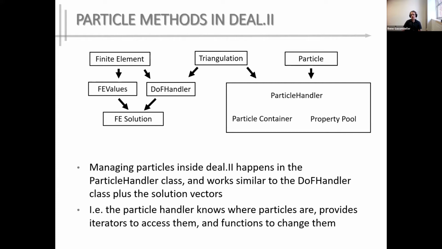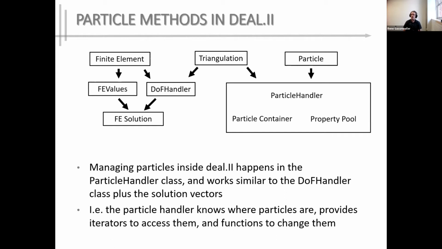The particle infrastructure sits aside this existing infrastructure, but it has a very similar structure in the sense that there is a class called particle handler, which is responsible for owning and organizing the particles. This class internally has two important components: the particle container, which sorts the particles into their current cells.